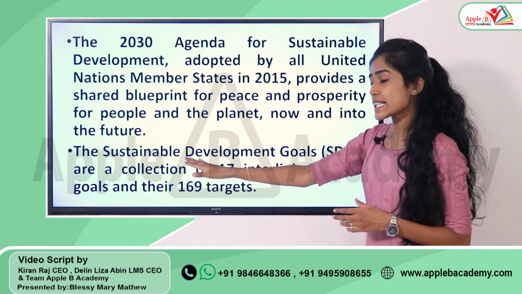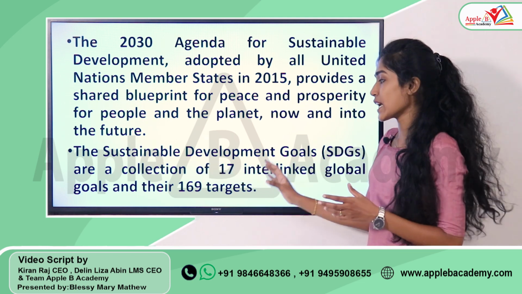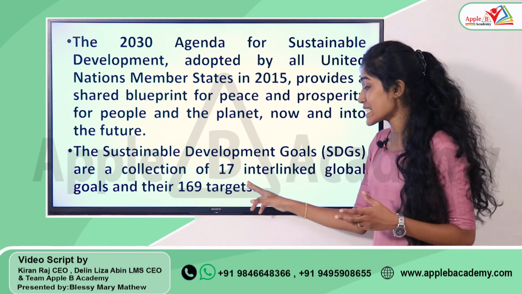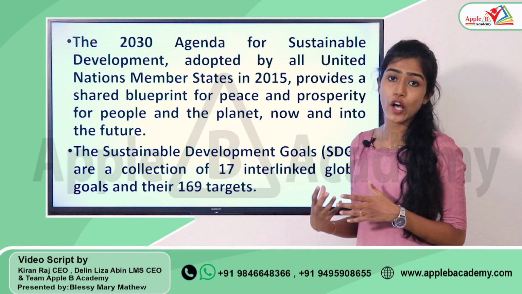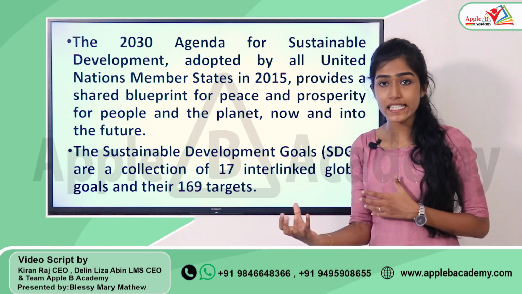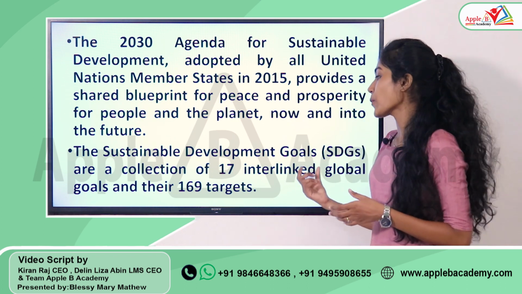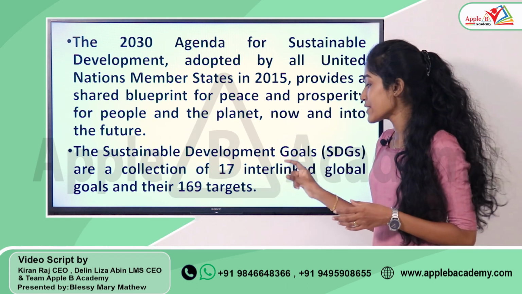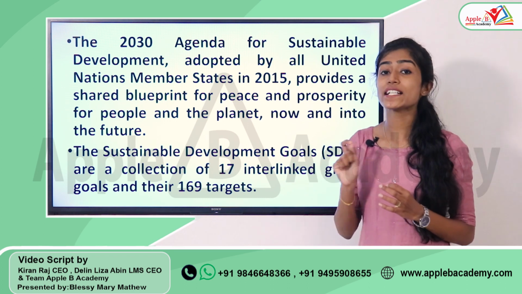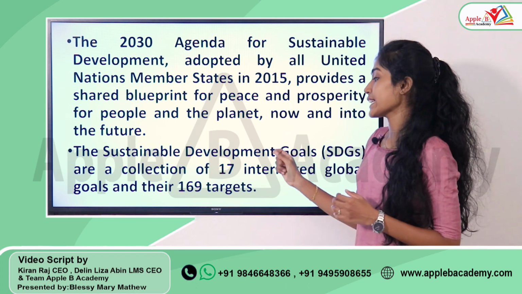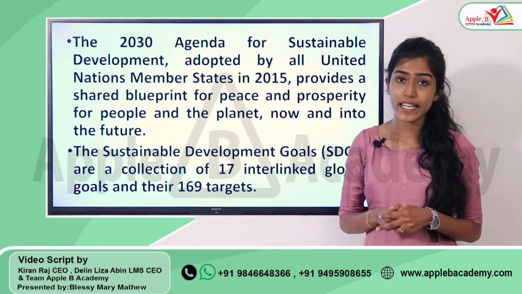The sustainable development goals consist of a collection of 17 interlinked global goals. SDGs are also known as global goals, and they consist of 17 interlinked, or interconnected, goals with 169 targets as well.